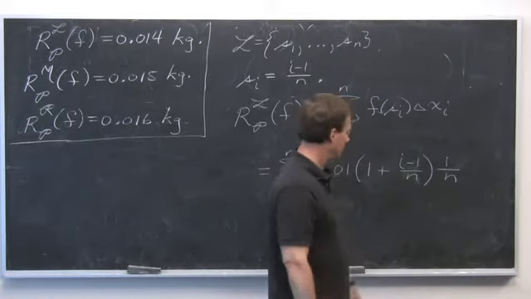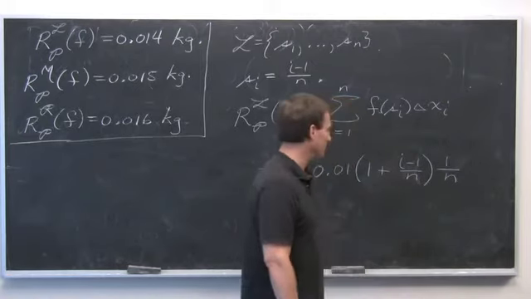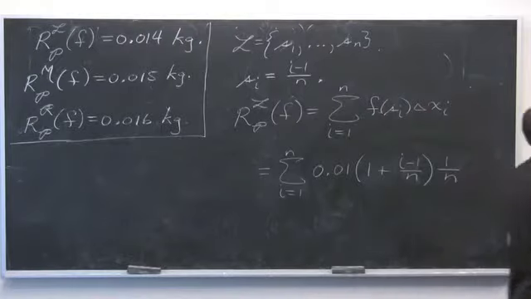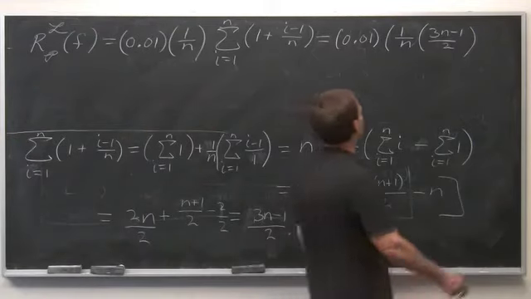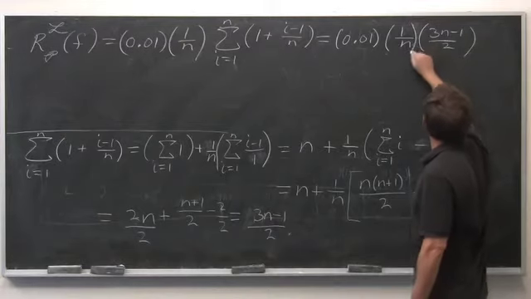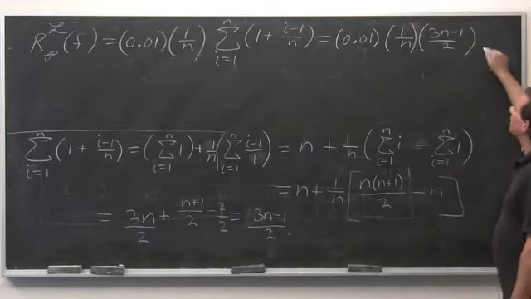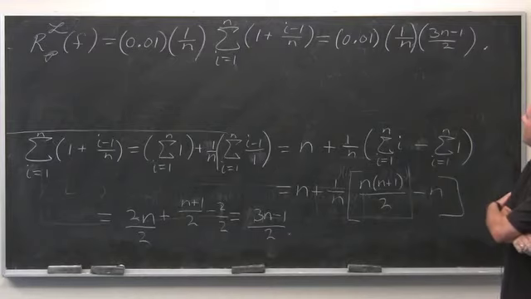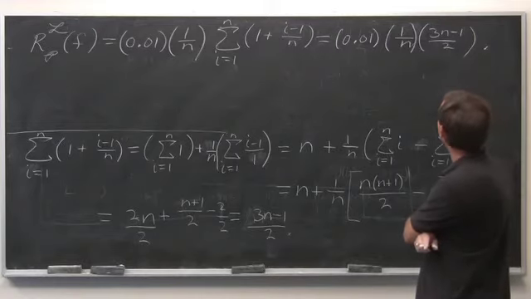No, this is fine. I was looking for the missing point too, but our formula was coming out so nicely that it was bothering me. Nope, this is fine. So you get this times this. All right, that is our formula for the left Riemann sum using n subintervals of equal length.